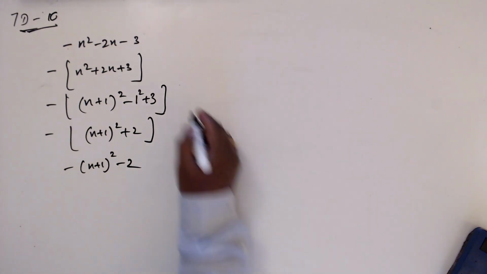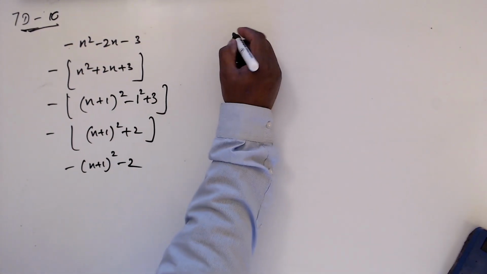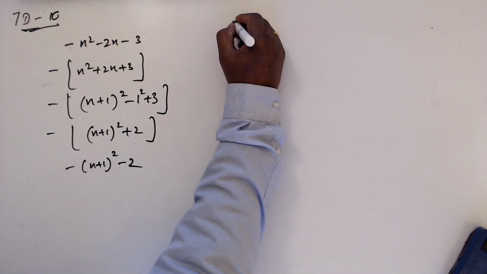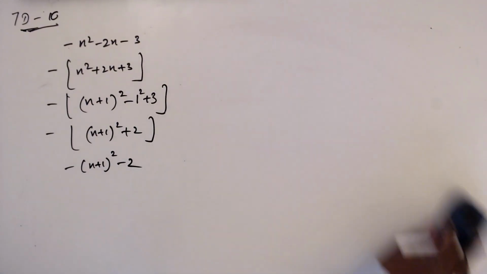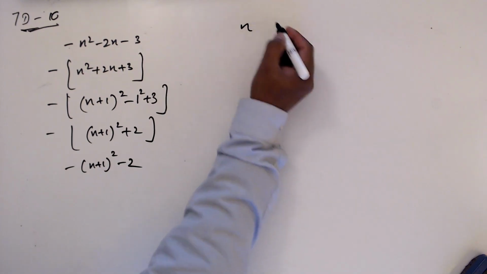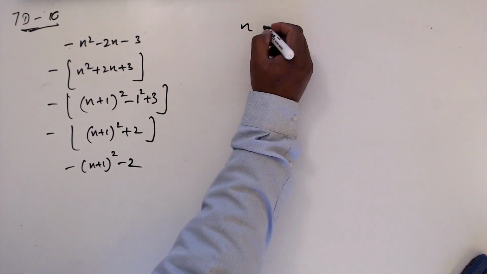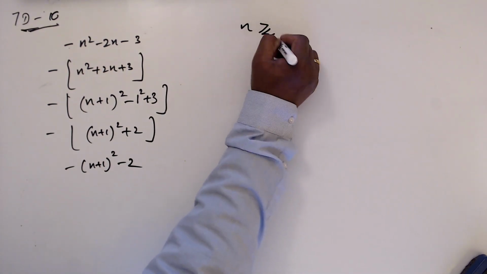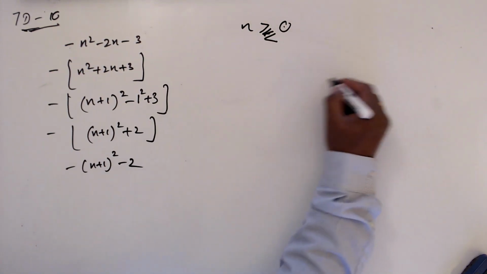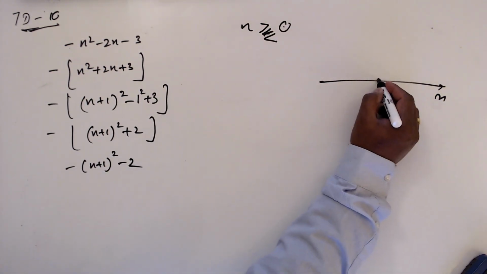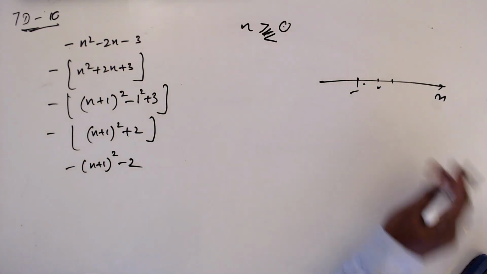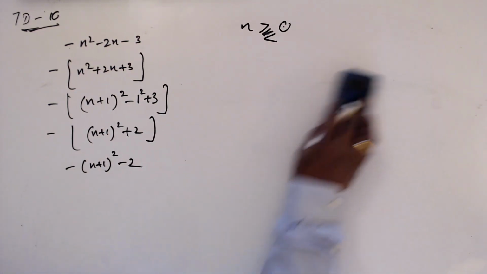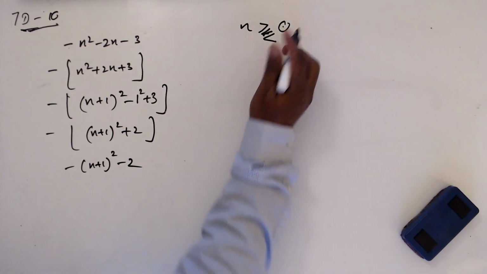If I give the argument, I can give n plus 1. If you take any value from the number line, this n can be greater than 0, equal to 0, less than 0, like 0, 1, minus 1.1, or 3, either positive, negative or 0.